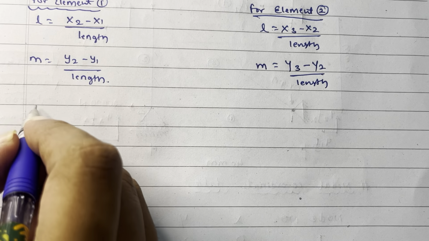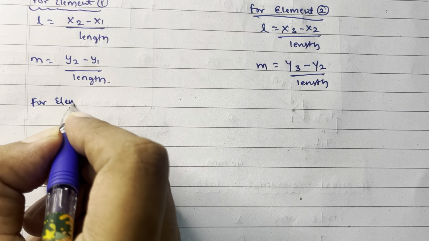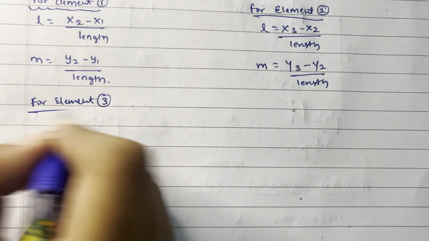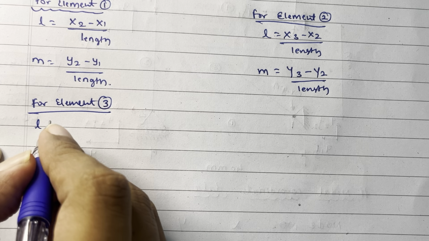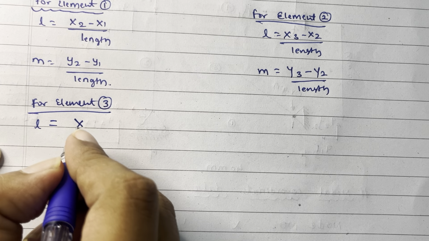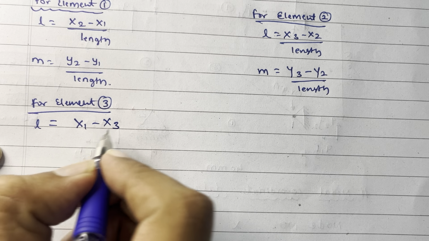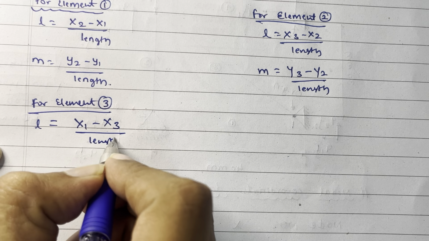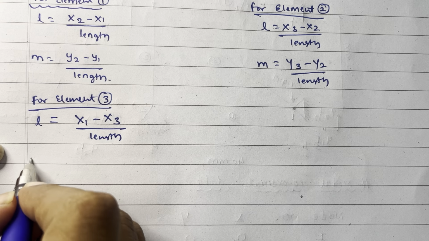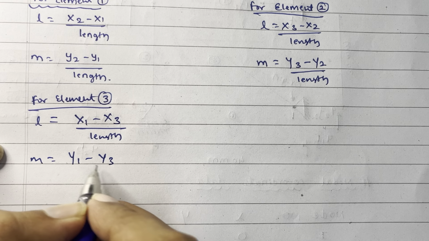Similarly for element 3, L is x1 minus x3 divided by length. M is y1 minus y3 by length.